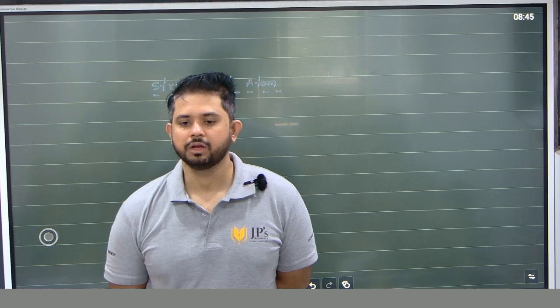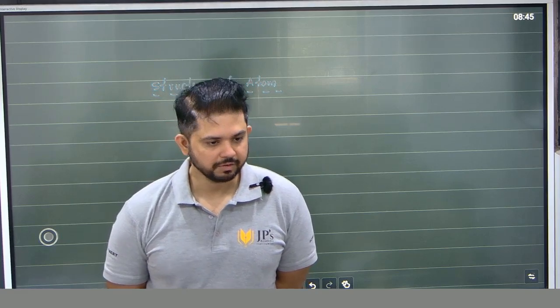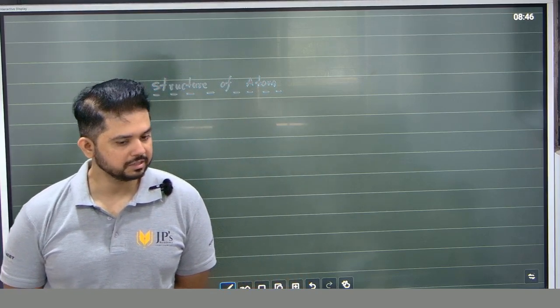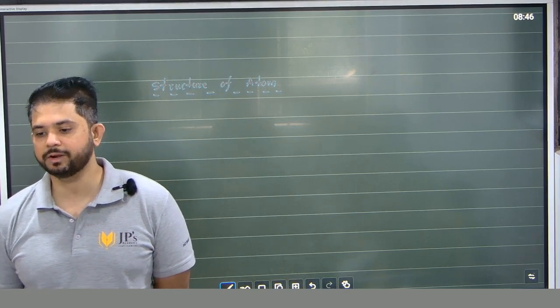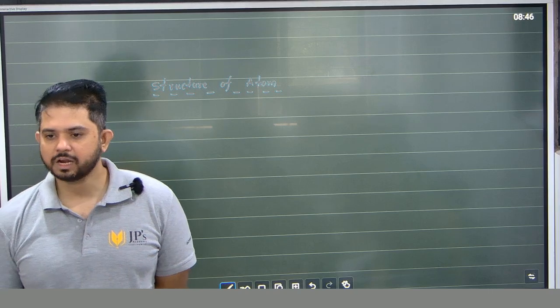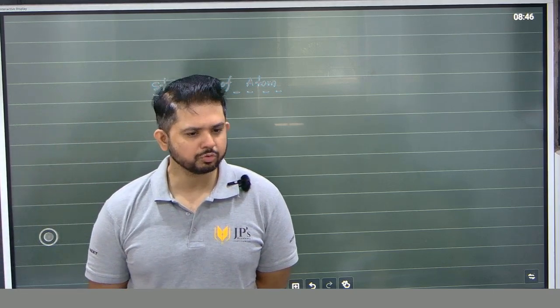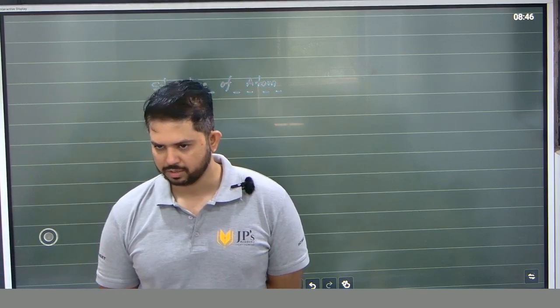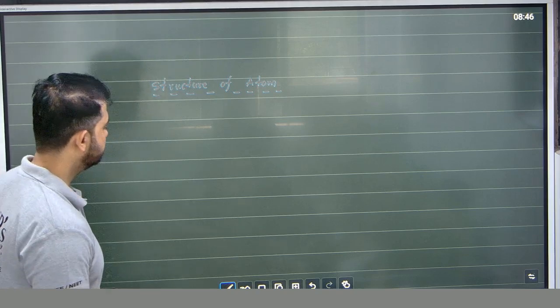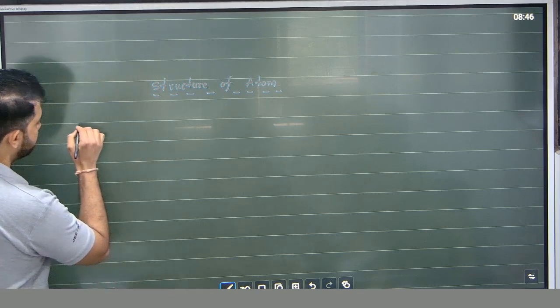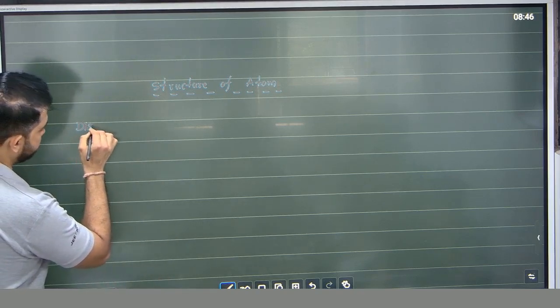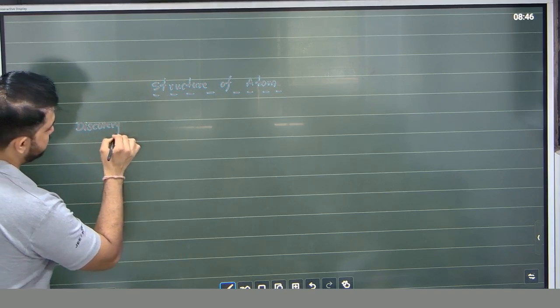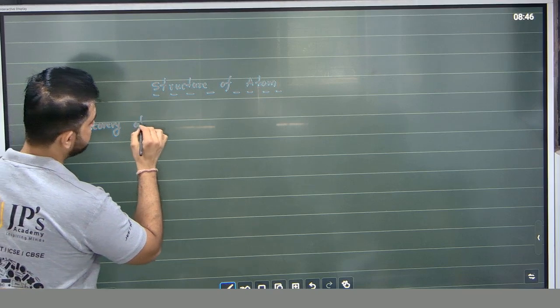Okay, so in the initial part of the chapter we have to first start by understanding the discovery of these subatomic particles. So we'll start with the first experiment. Probably we did this a little bit in 9th or 10th standard as well. So the first particle is the discovery of electrons.